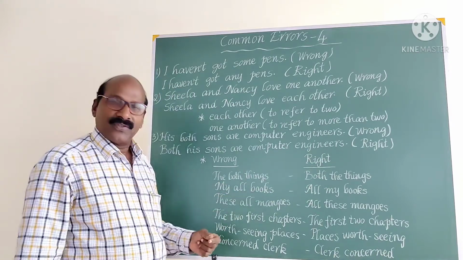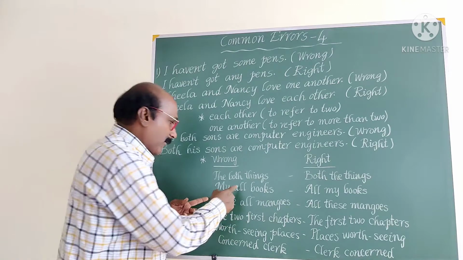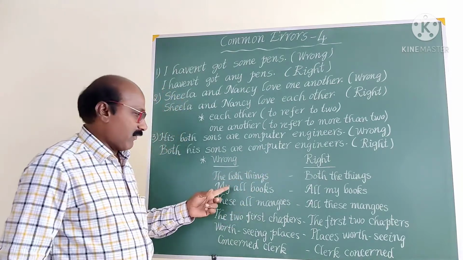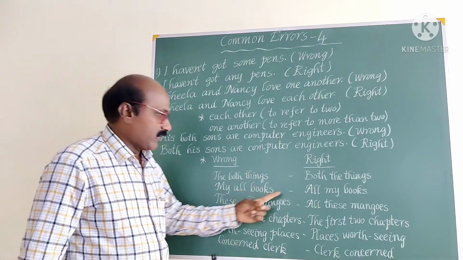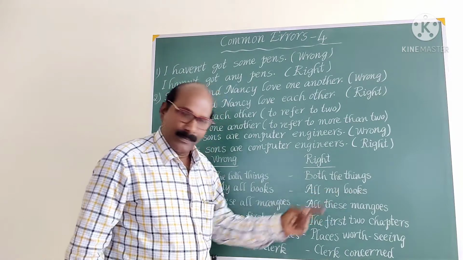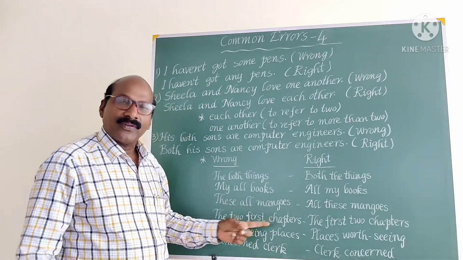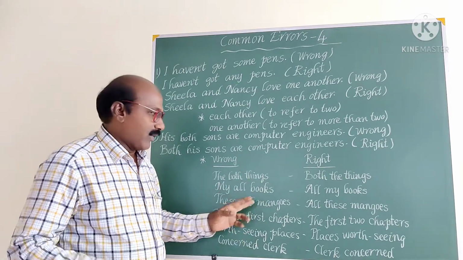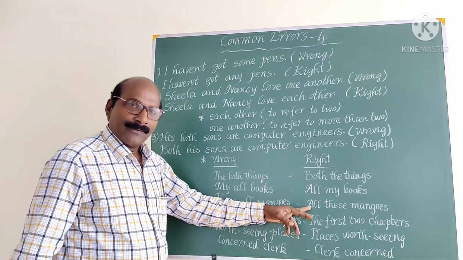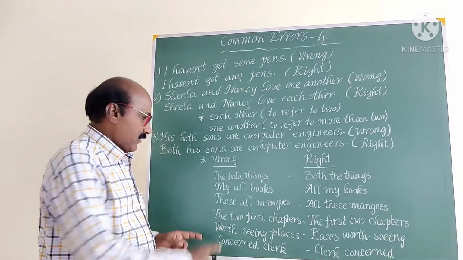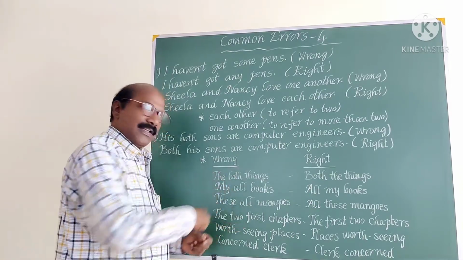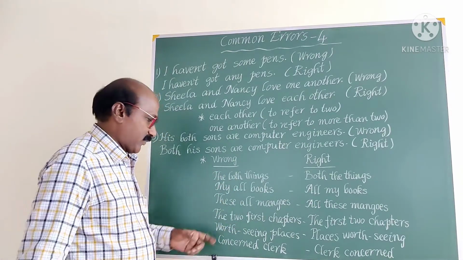My all books, wrong expression. All my books. Never say my all books. Should say all my books. These all mangoes, wrong expression. We have to begin with all. All these mangoes. That is the right expression.